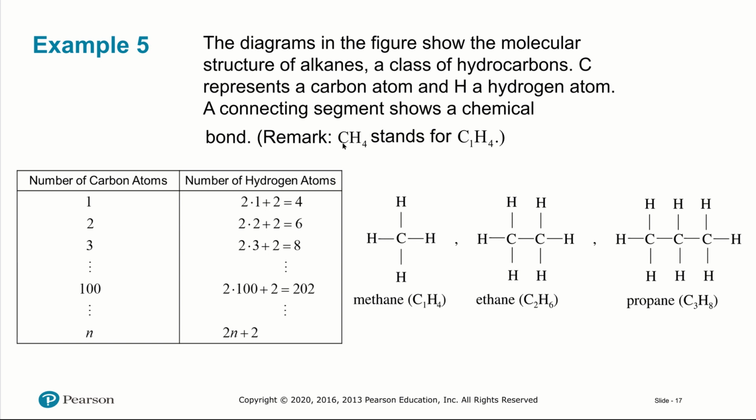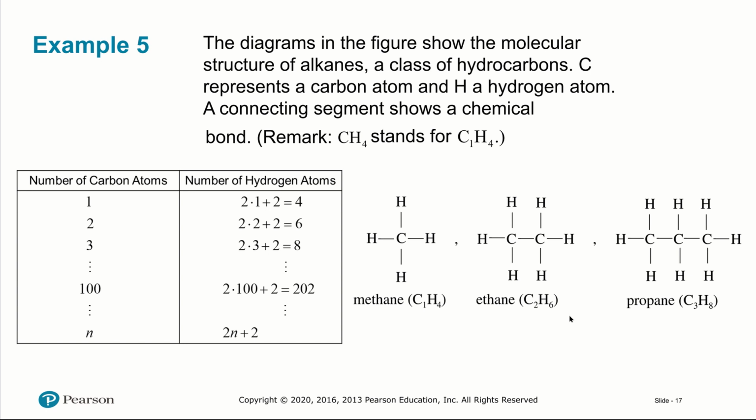So when you see, for example, CH4, we don't often write the 1, but this means there is 1 carbon atom and 4 hydrogen atoms, right? Notice that the next item in this sequence, another one of those visual sequences, has 2 carbon atoms paired with 6 hydrogen atoms. Basically, notice that each of the carbon atoms gets paired on the top and below by hydrogen atoms, and then there's going to be 2 on the side.